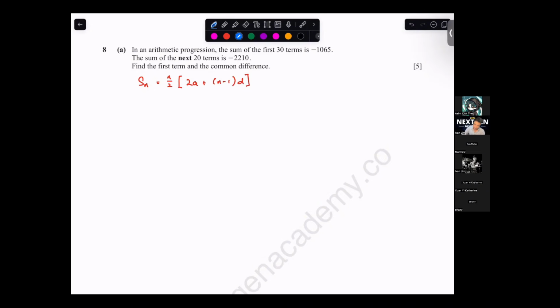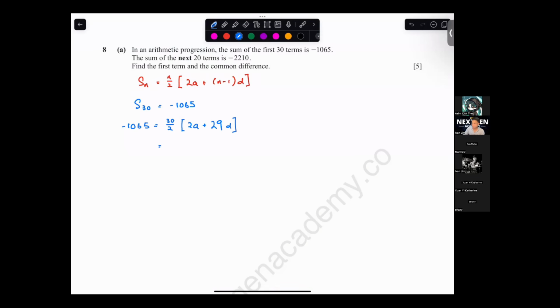Okay, they gave us the first one. S30 is equal to negative 1065. So negative 1065 is equal to n over 2, 2a plus (n minus 1)d, this one is 29d.